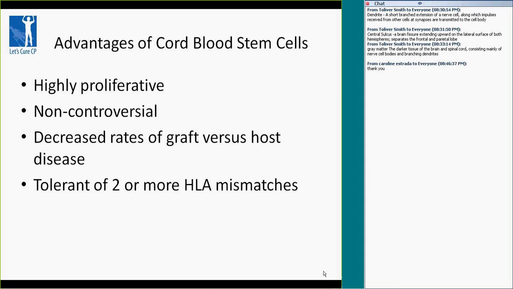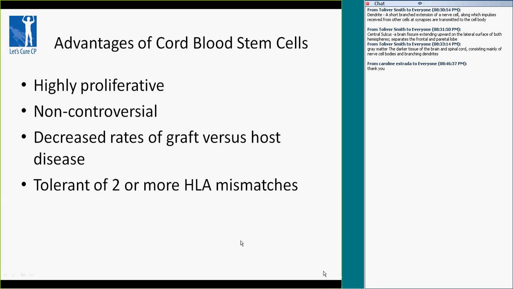And then the HLA mismatches are, again, part of the immune system. HLA, we've discussed this before, is essentially the immune typing they do for all transplants. And they're more tolerant of mismatches than most whole organs, heart, lungs, liver, etc.